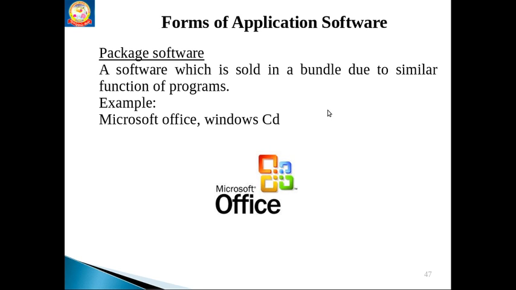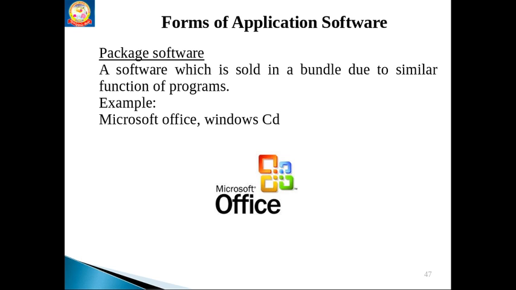Forms of application software. It comes in different forms. Package form. The best example is Microsoft Office. In Microsoft Office, if you open the start button or click the Microsoft application, it will give you various options like Microsoft PowerPoint, Word, Excel, Access.